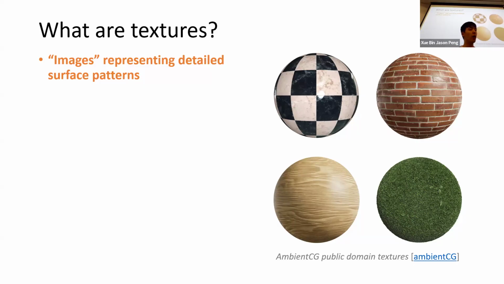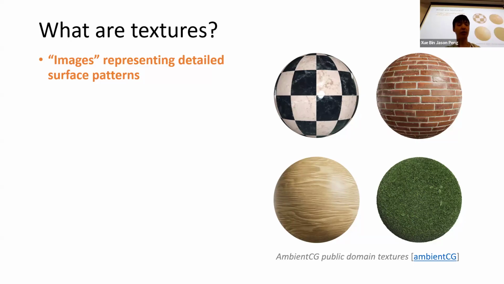So trying to represent these detailed surface patterns geometrically can be very expensive, both in terms of storage, because we have to store a very high resolution mesh, as well as very slow in terms of actually rendering that complex mesh, because we might have thousands or millions of triangles that we're going to have to render on the surface of these objects. So trying to brute force represent these geometric details using a mesh is not very practical.